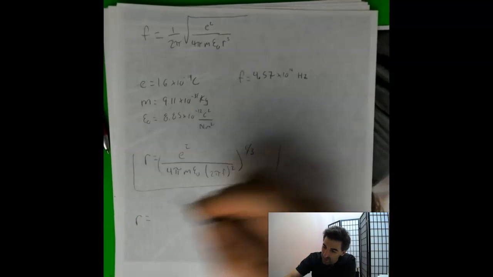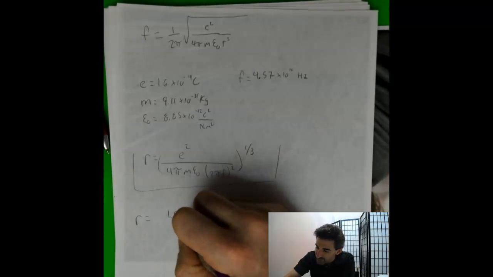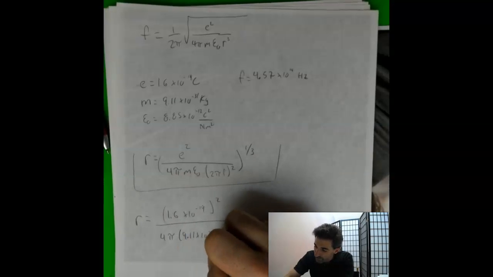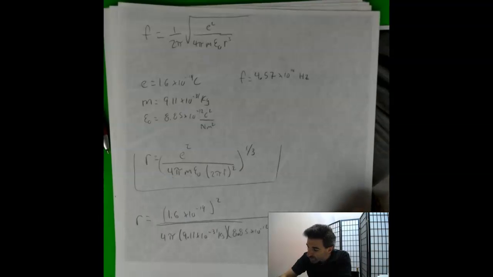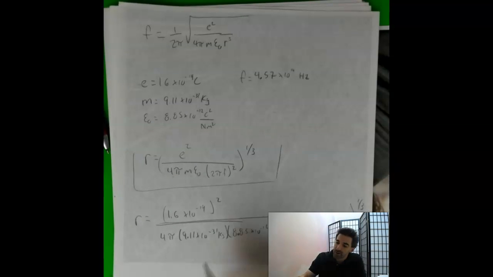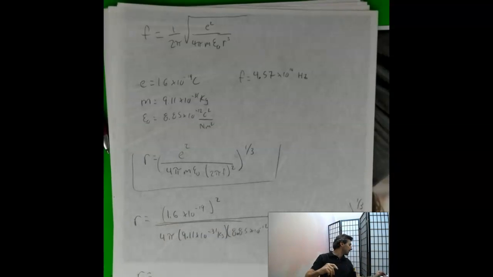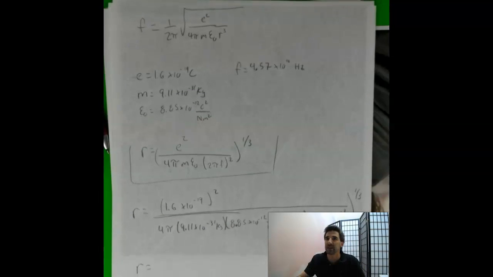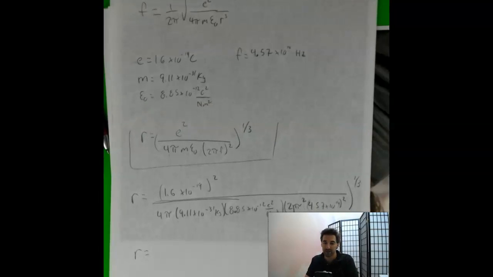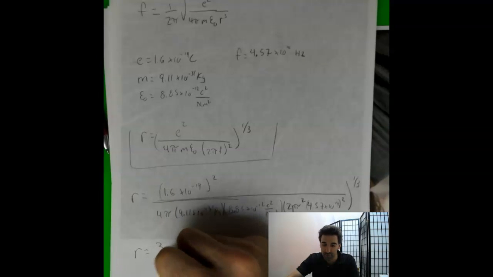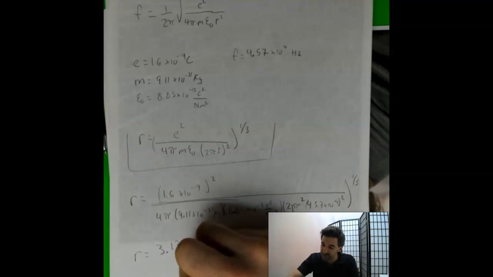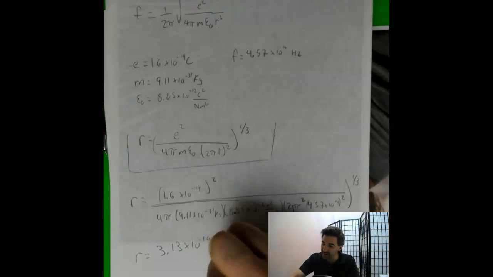Plugging all that in, r is equal to 1.6 times... If I put all of that into my handy dandy TI-89, you should get something like a radius of 3.13 times 10 to the negative 10th meters.